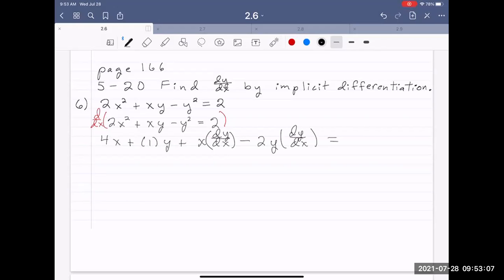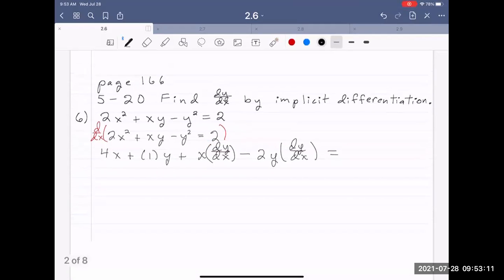Is equal to, well, the derivative of 2 is 0. And now you can solve for dy dx. I can group everything that involves dy dx on the left-hand side of my equation.